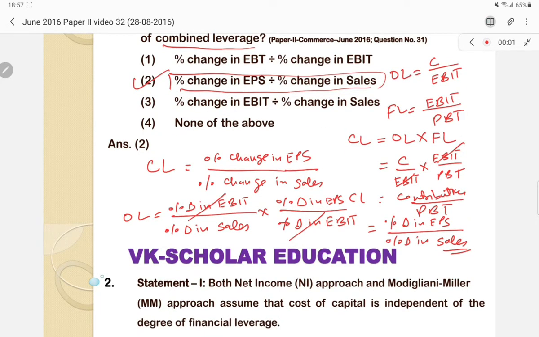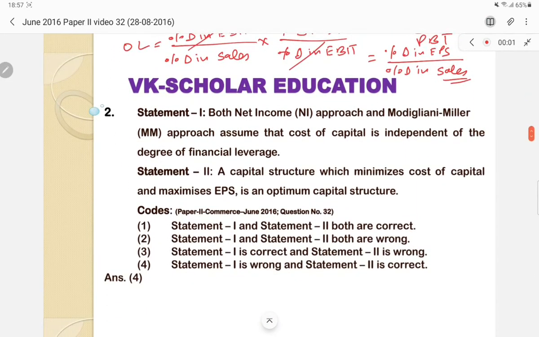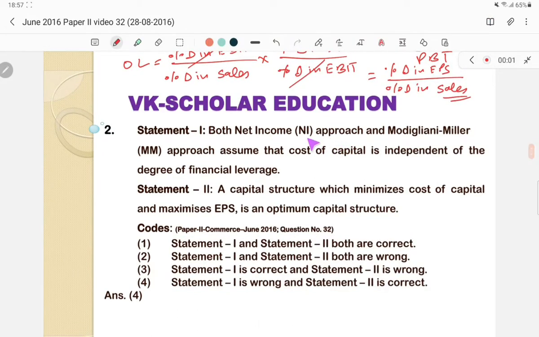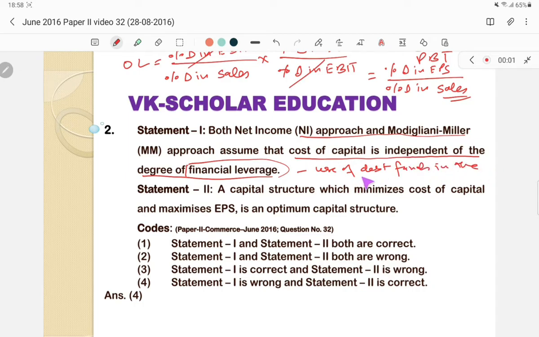Second question is, both net income approach and Modigliani-Miller approach assume that cost of capital is independent of the degree of financial leverage. So, you know that financial leverage means use of debt funds in the capital structure of a firm. Okay.